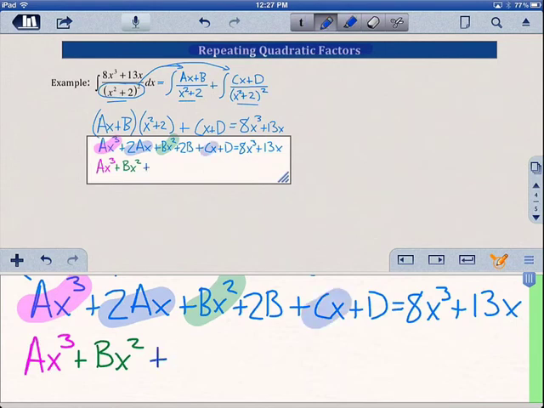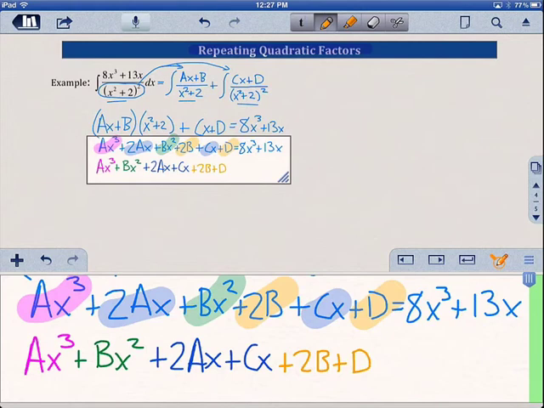So we're going to have plus 2ax plus cx. And then our constants 2b and d. So plus 2b plus d. All right, and this is going to equal 8x cubed plus 0x squared plus 13x and plus no constant.